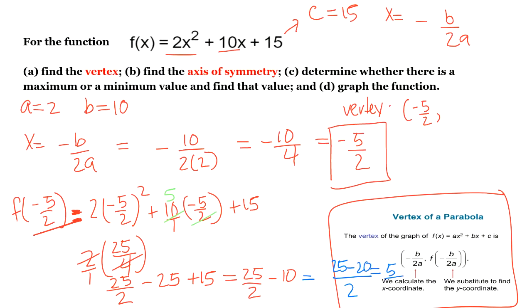I mean, my y is 5 over 2. So my vertex is negative 5 over 2, comma 5 halves.